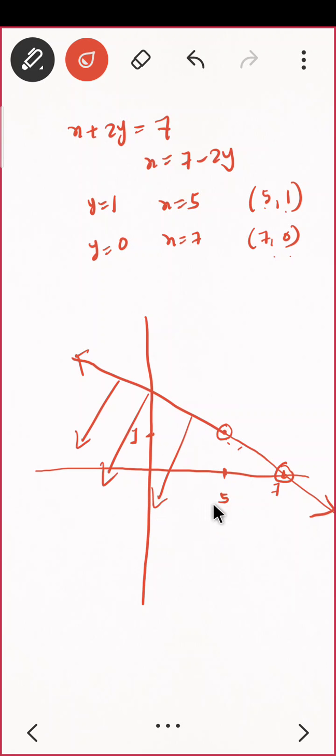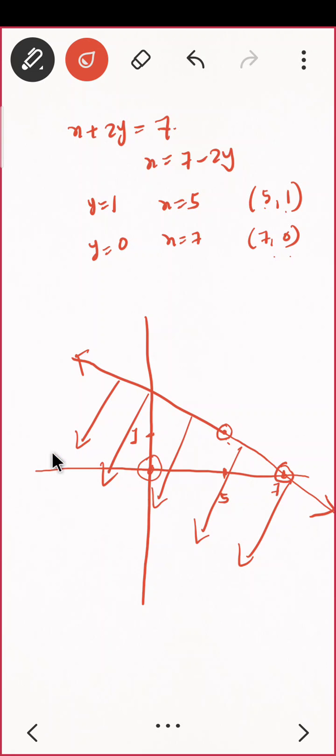So this region contains the origin. Do you agree, everyone? Earlier I was having x plus 2y is equal to 7. So I drew the line, that was a straight line, correct?